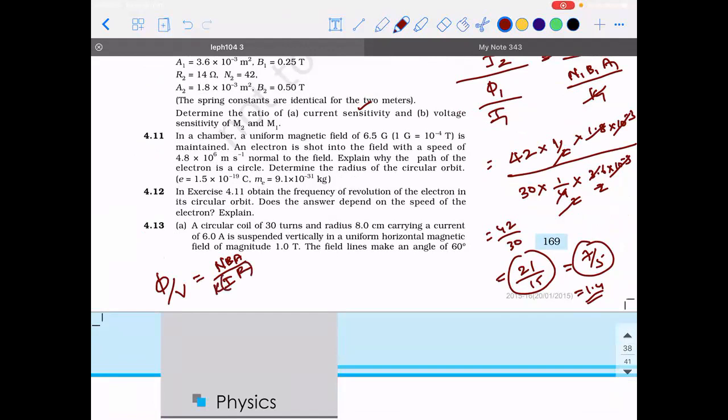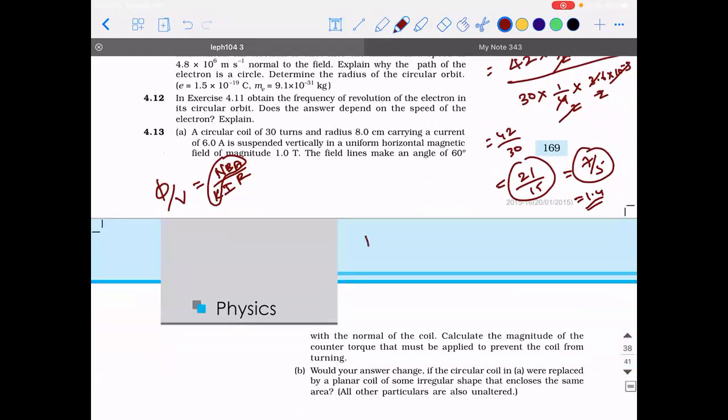NBA divided by K. Okay, one minute, sorry. So can I say this NBA divided by K is nothing but current sensitivity? So current sensitivity divided by I into R. Right. Okay, we'll write it and see.